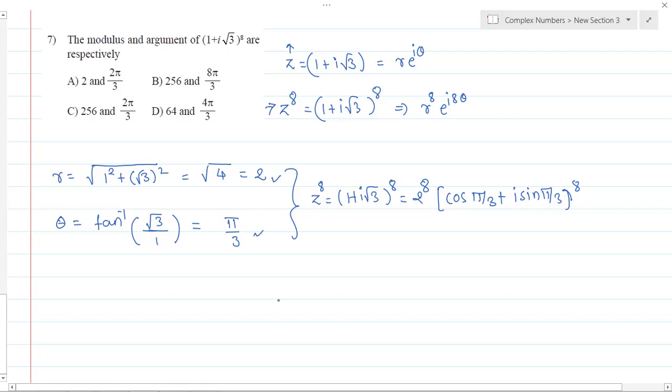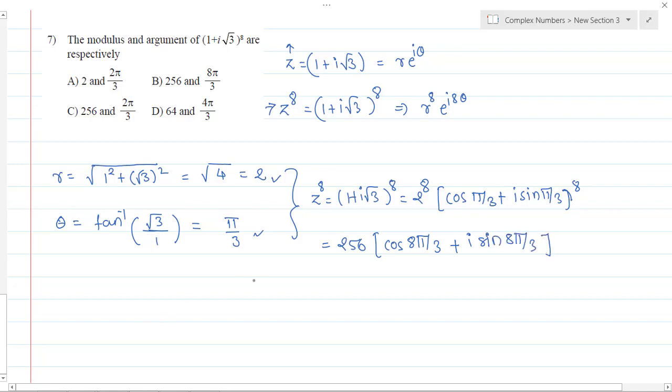Is it okay everyone? Because e raised to i theta is cos theta plus i sin theta. This equals 2 raised to 8, which is 256, into cos of 8 pi by 3 plus i sin of 8 pi by 3.